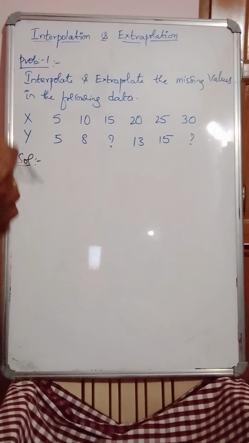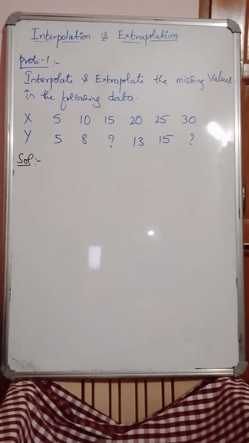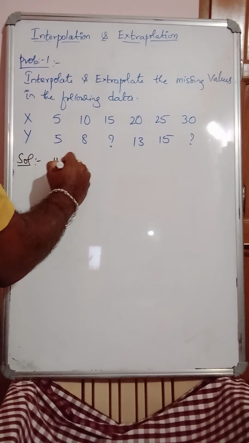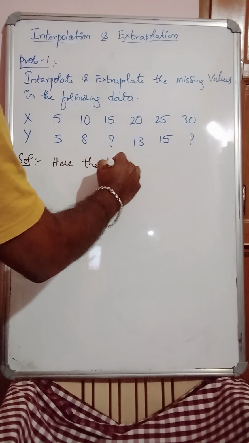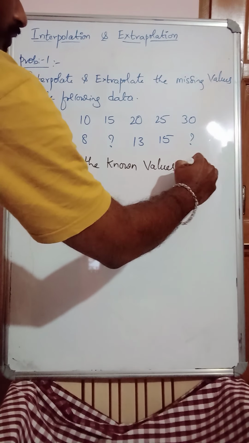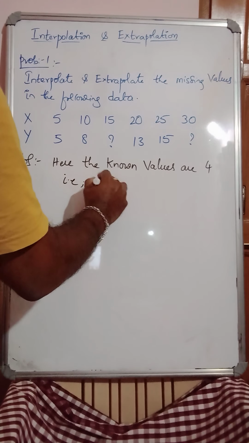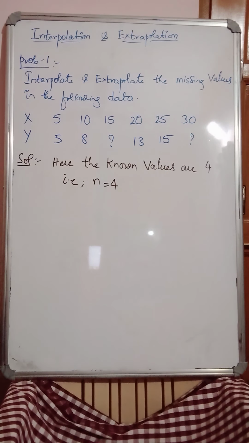First and foremost, we need to count how many known values. 1, 2, 3, 4. There are 4 known values. Therefore, write down here the known values are 4, that is n equals 4.